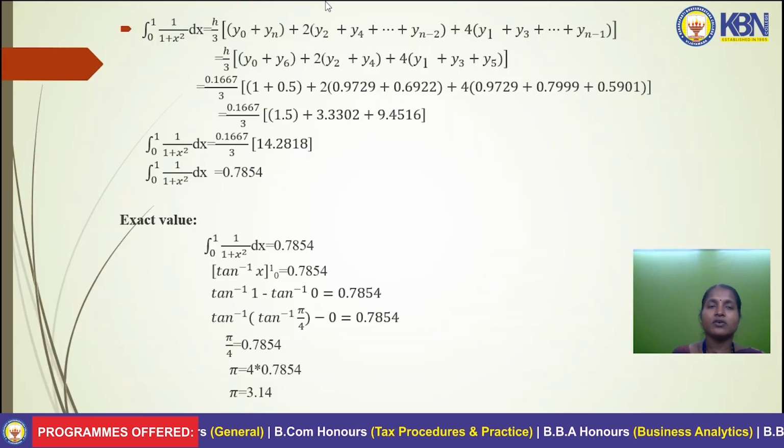You can write the formula: y0 plus y6 plus 2 into even terms, y2 plus y4, and 4 into odd terms, y1 plus y3 plus y5. The h value is 0.1667 by 3, y0 that means starting value 1, ending value 1 by 2, 0.5, 2 into even terms plus 4 into odd terms.